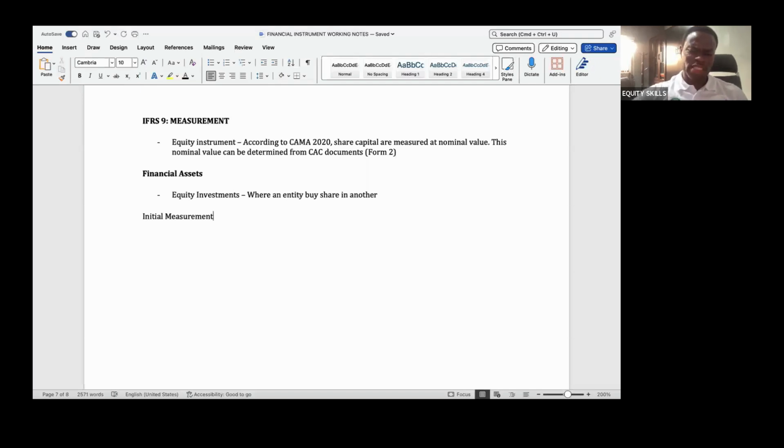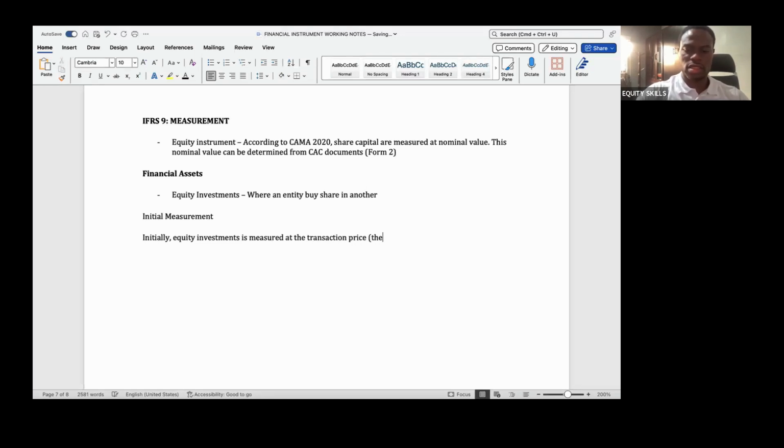Okay, so at the date you acquire the investment, that's initial measurement. Initially, an equity investment is measured at the transaction price.